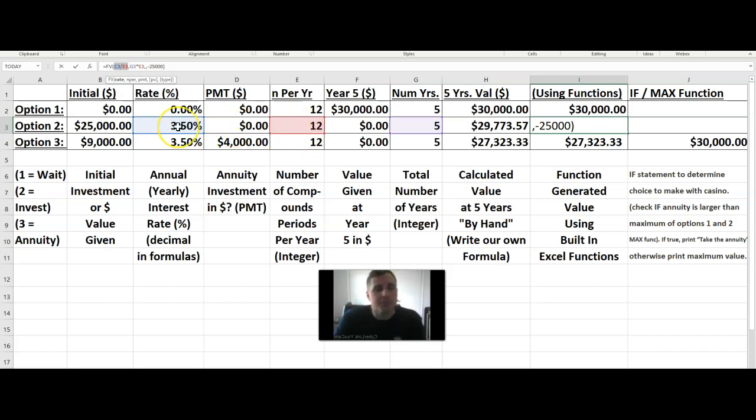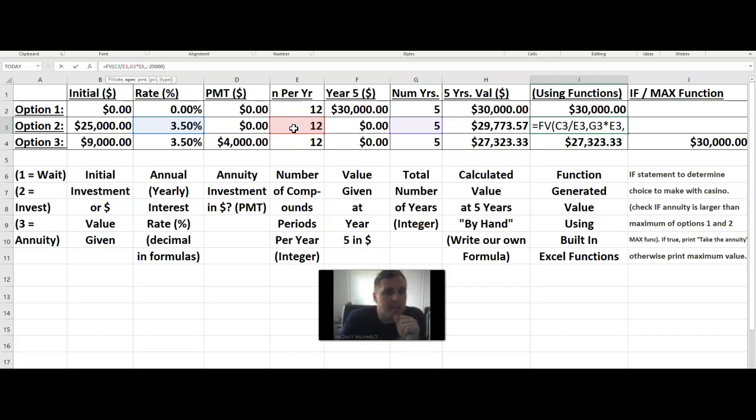Because if it's 3.5% per year, you have to divide by 12 to get the percent that we're going to add in per month as far as interest. Notice that G3 times E3 is going to be the total number of periods, because G3 is the number of years, and the E3 cell is the number of times we compound per year.